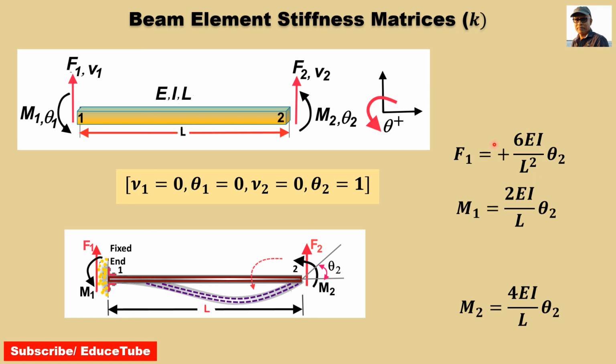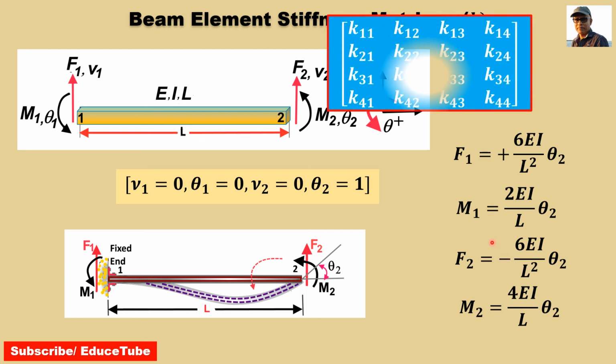In a similar fashion we can find F2 equal to this. One will be plus, another will be minus. So this is the fourth column of the stiffness matrix: K14, K24, K34, K44. So we got all these elements.